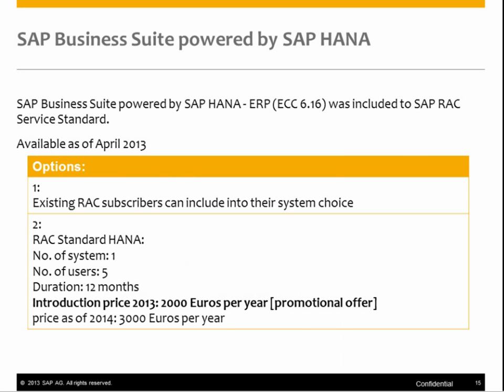There is an introduction price in 2013 of 2,000 euros per year as a promotional offer. And as of next year, the price will be 3,000 euros per year for access to that single system with the latest version of SAP's ERP software.